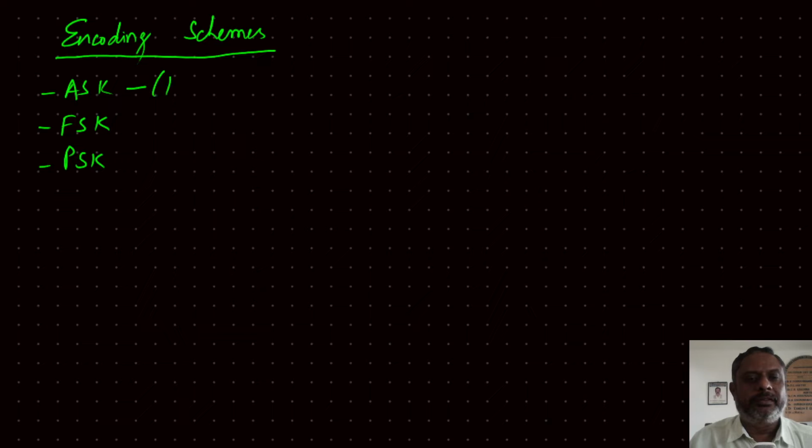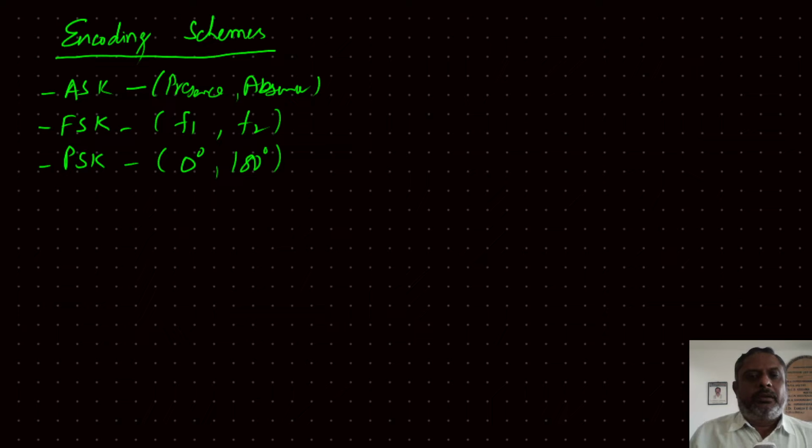So this is a presence or absence of the signal. FSK may be F1, F2, and PSK, so it is 0 degree, 180 degree, and so on. So that's how we can think of it.